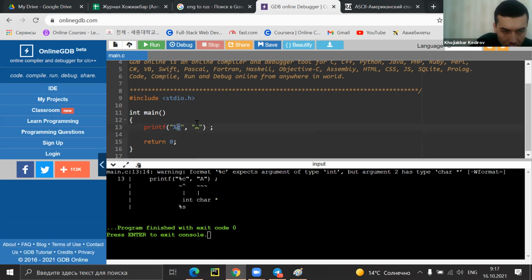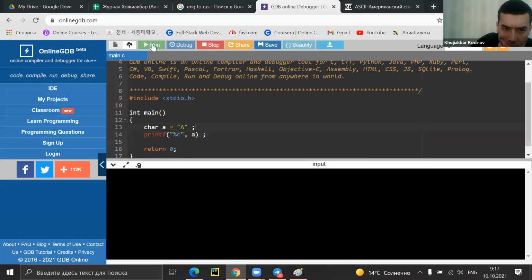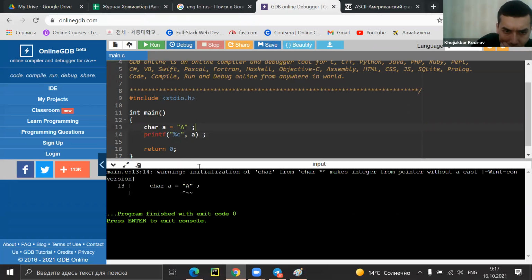Integer from character is made from a pointer without a cast.